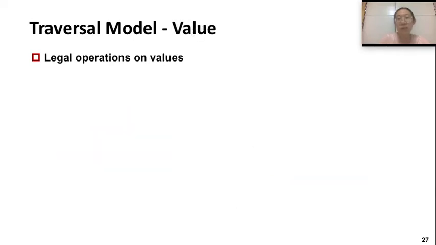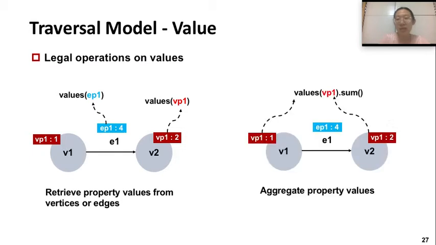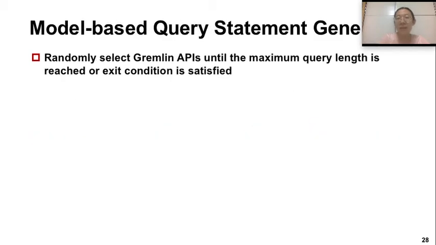For the legal operations on values, we can retrieve property values belonging to vertex or edge using the API values. We can also aggregate property values with API sum to compute the sum of properties. Based on the above traversal model, we can generate syntactically correct and meaningful Gremlin queries.